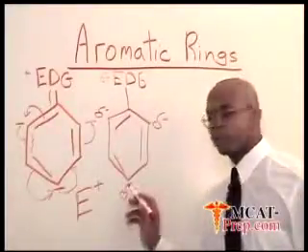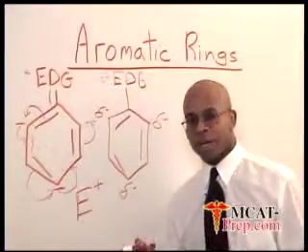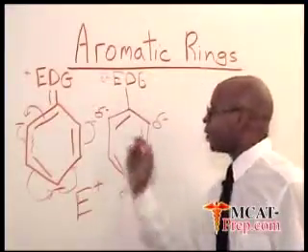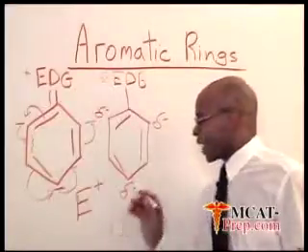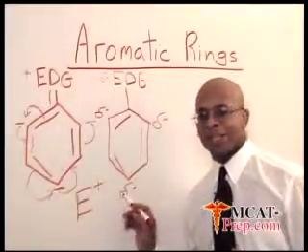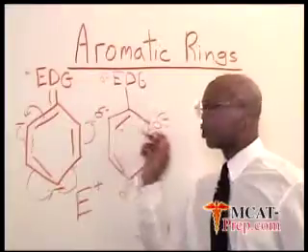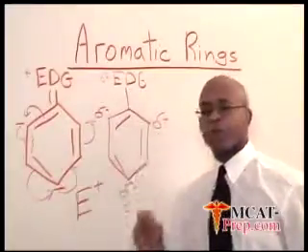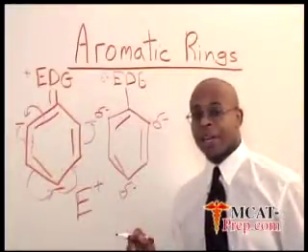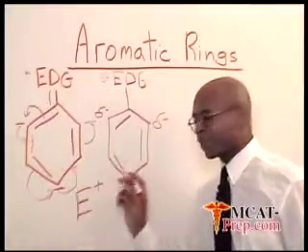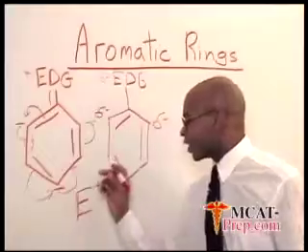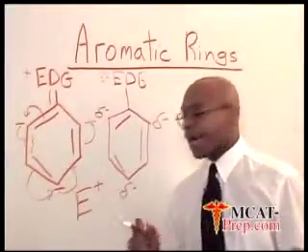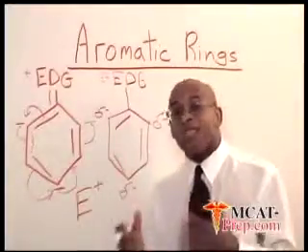Therefore the para position would be the most desirable position to add. Then there would be the ortho position, and one might expect that perhaps 70% would add to the para position, and perhaps 29% would add to the ortho positions. But indeed, some 1% may add to the meta positions.